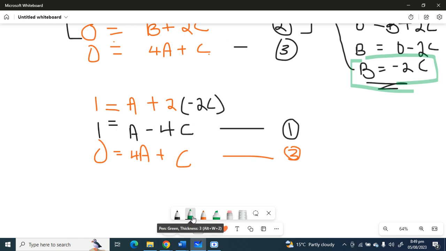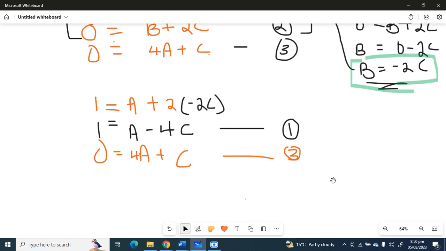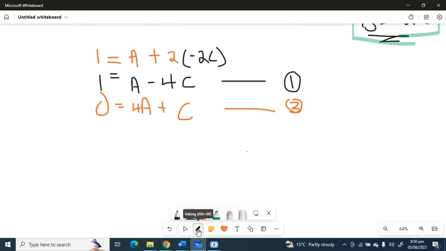Elimination or substitution method? I'm supposed to go for dinner, so we need to move at an average pace. Yes? Substitution method?